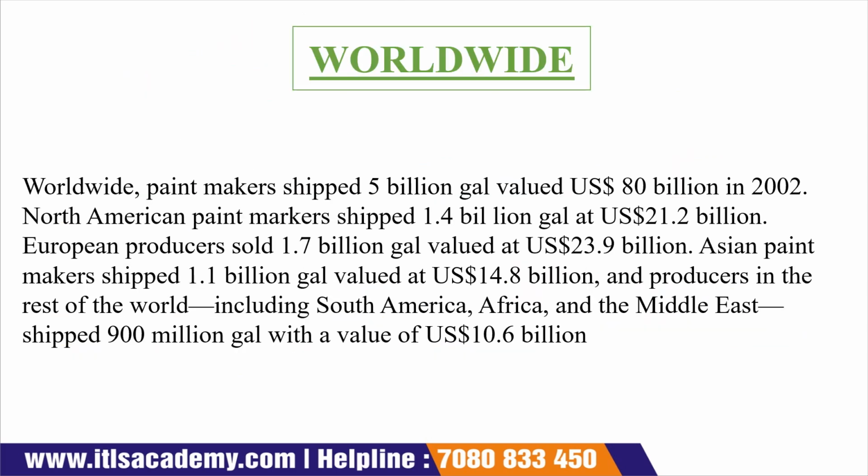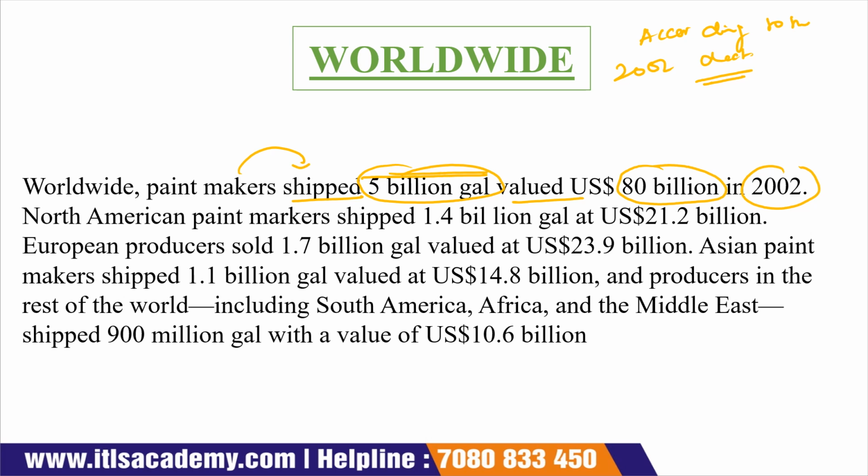Now the next is worldwide. According to 2002 data, paint makers worldwide shipped around 5 billion gallons, valued at around 18 billion US dollars. In North America, paint makers shipped around 1.4 billion gallons, 21.2 billion US dollars.